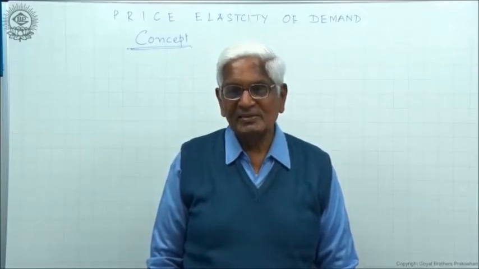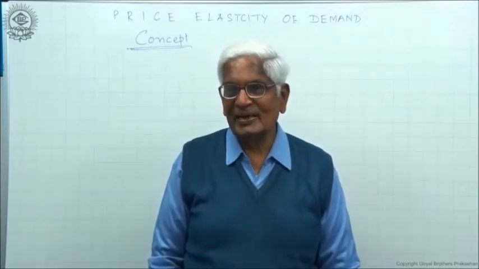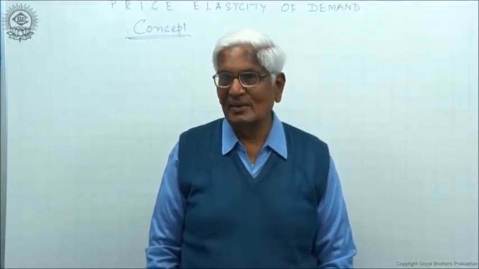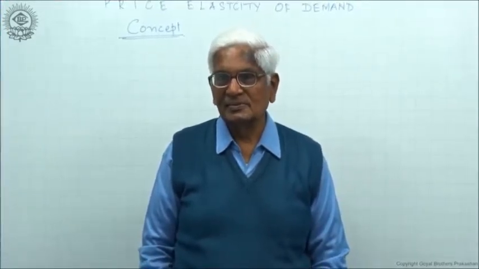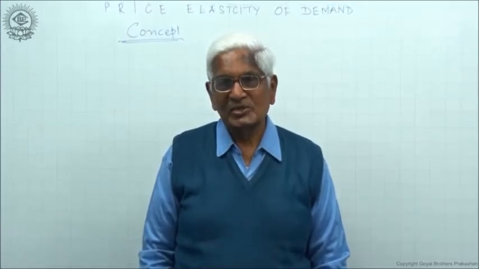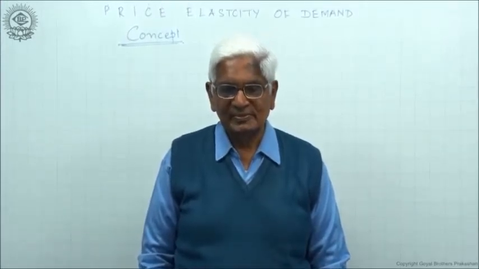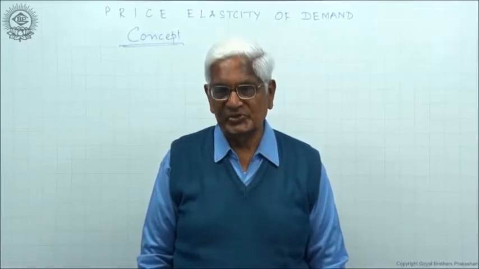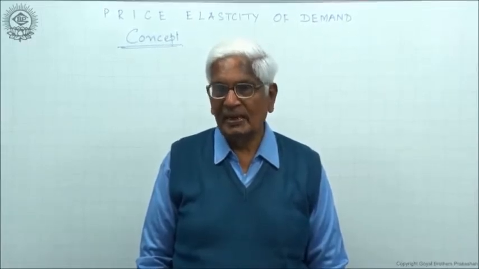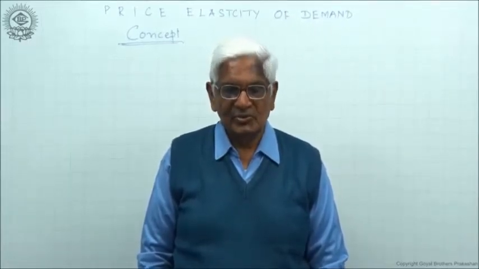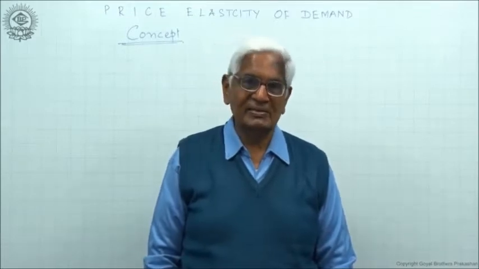So what does this price elasticity of demand measure? There are three words: price, elasticity, and demand. This concept measures the degree of response of demand to change in the price.